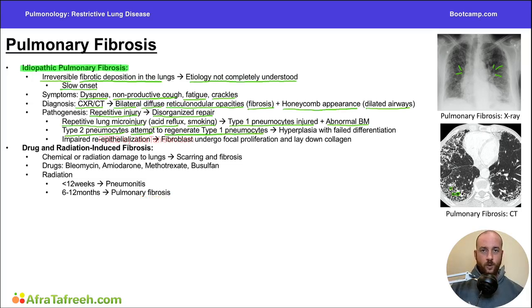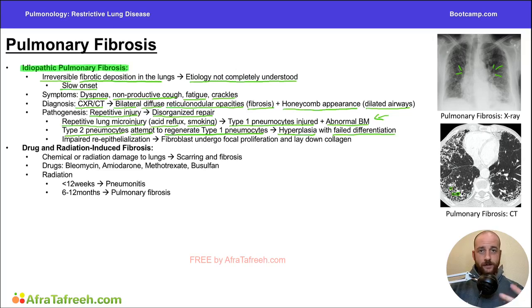However, it's thought that in order for the type 2 pneumocytes to properly differentiate into type 1 pneumocytes, we need to have a normal basement membrane for normal signaling. However, with repetitive lung microinjury, we're going to have an abnormal basement membrane. And so when the type 2 pneumocytes undergo hyperplasia, they're going to have failed differentiation into type 1 pneumocytes.